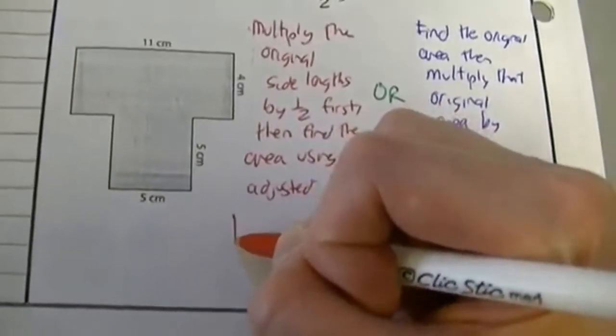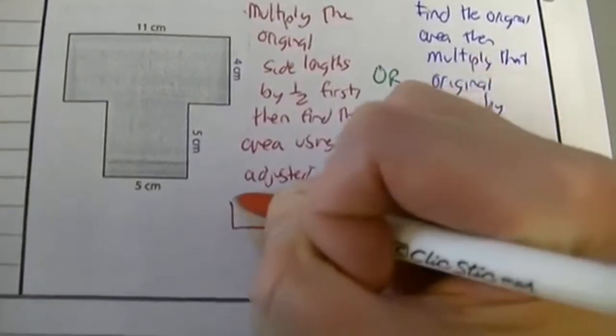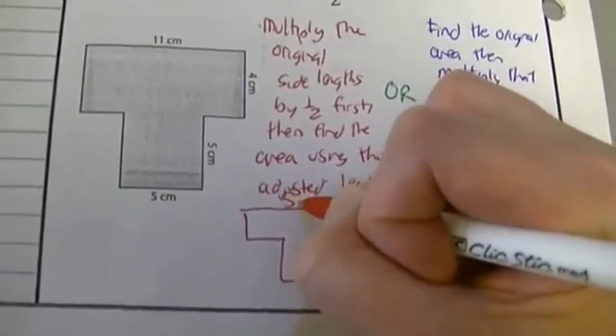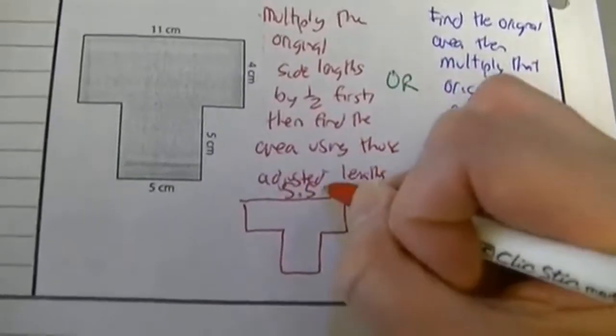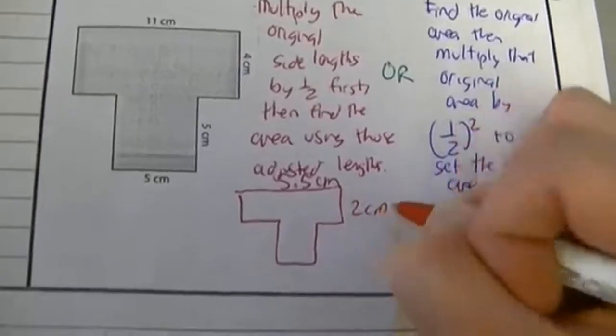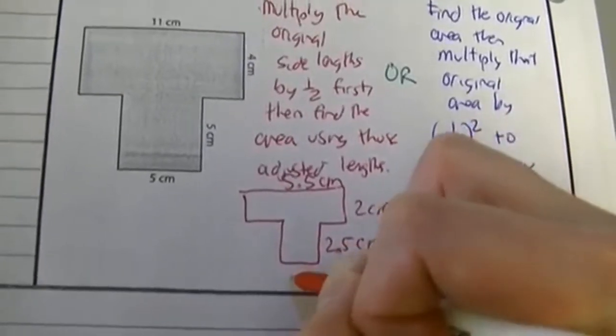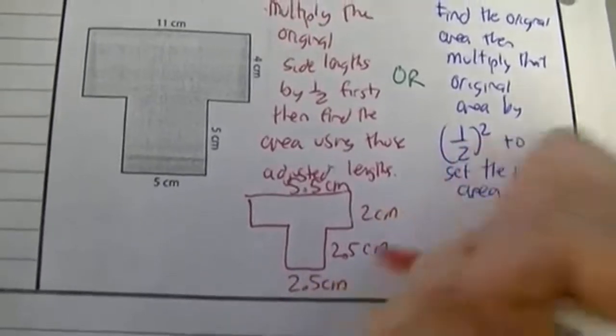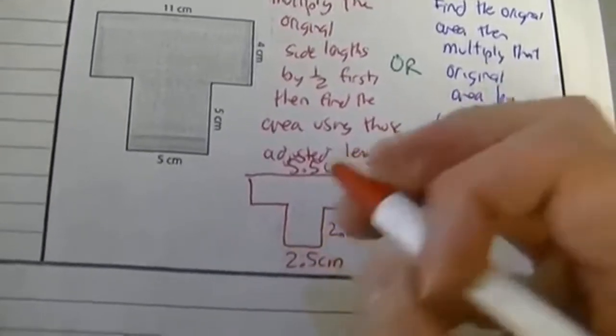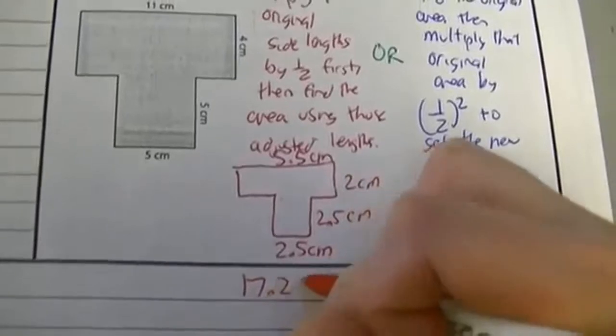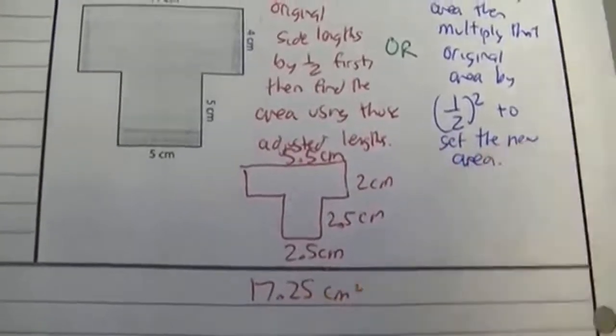So here's what this would look like. Okay, and so once I found the area of this, I got 17.25 centimeters squared.